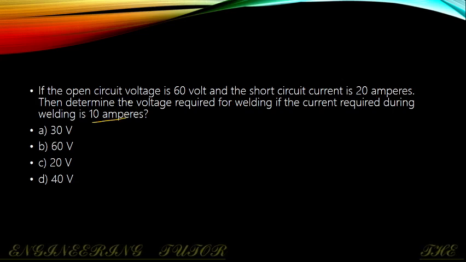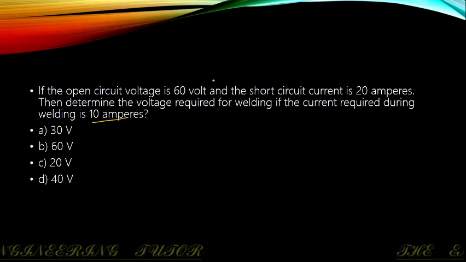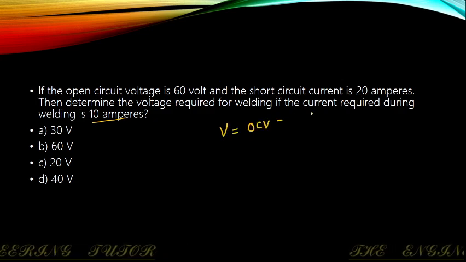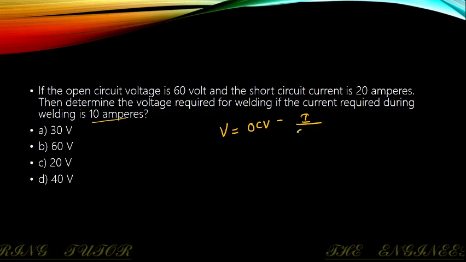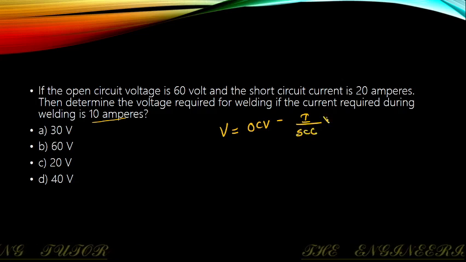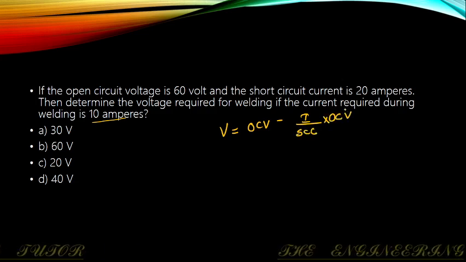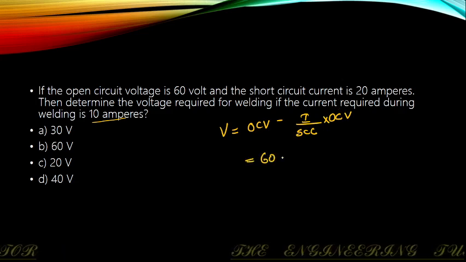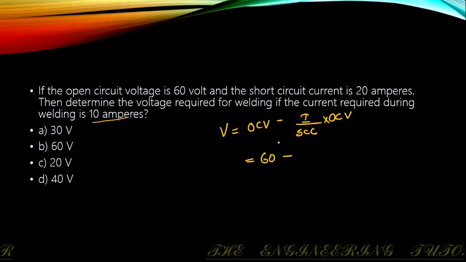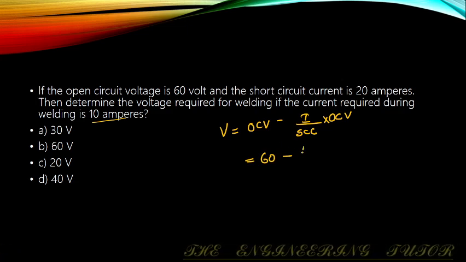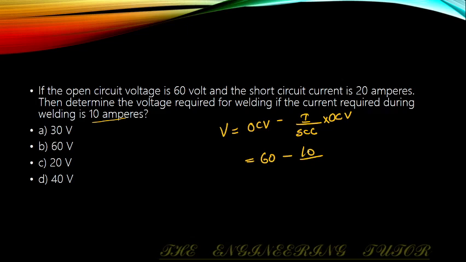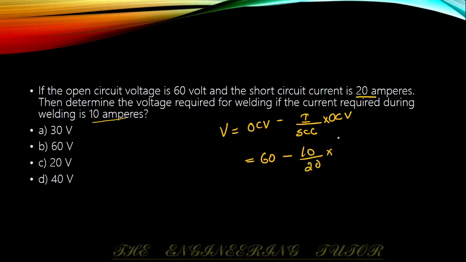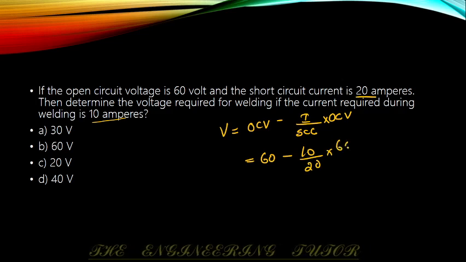It's a simple problem in which voltage is given by OCV minus I divided by SCC into OCV, where OCV means open circuit voltage, which is given as 60, I is the current, given as 10, divided by short circuit current, given as 20 ampere, into open circuit voltage, 60.